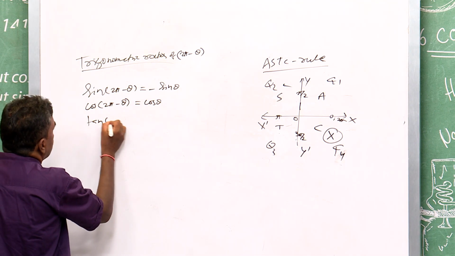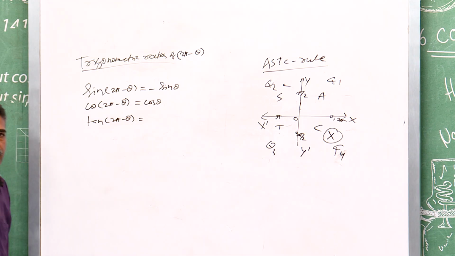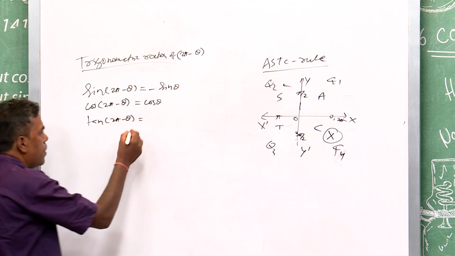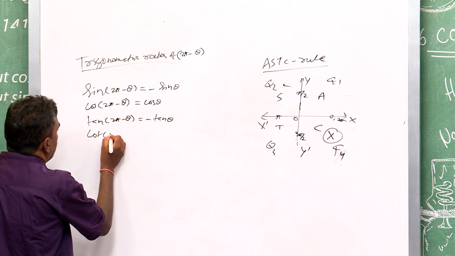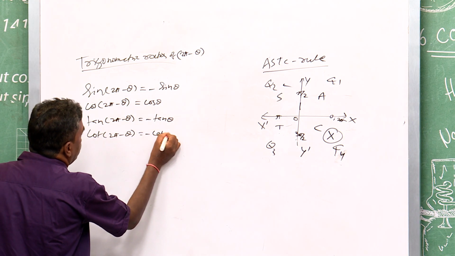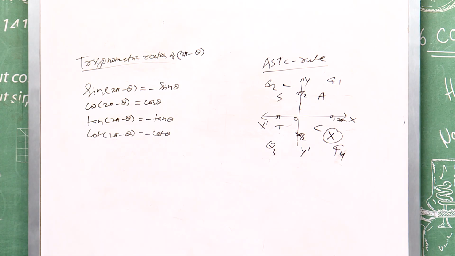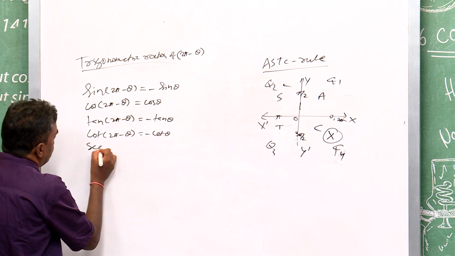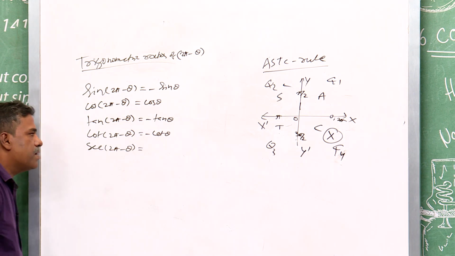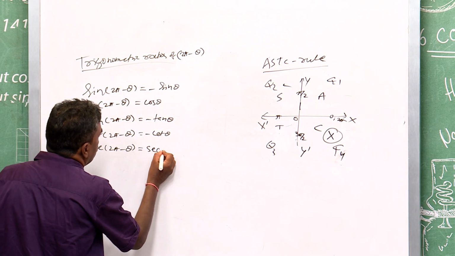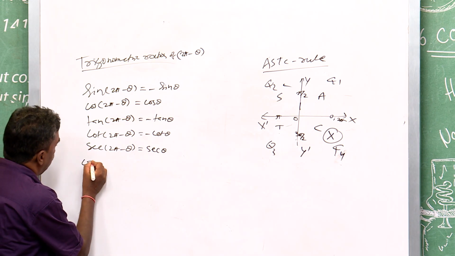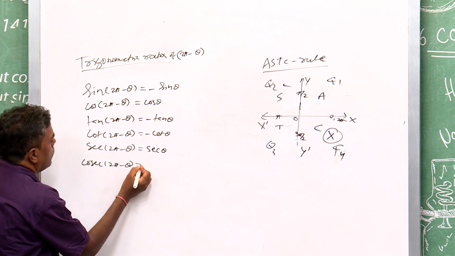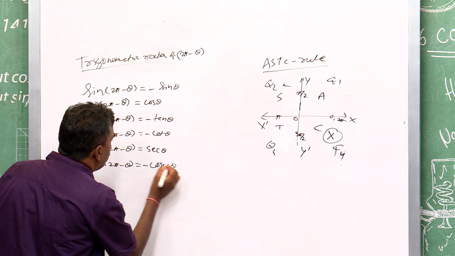Tan of 2 pi minus theta is equal to minus tan theta, cot of 2 pi minus theta is equal to minus cot theta, sec of 2 pi minus theta is equal to sec theta, because cos and sec are positive in quadrant 4. Then cosec of 2 pi minus theta is equal to minus cosec theta.